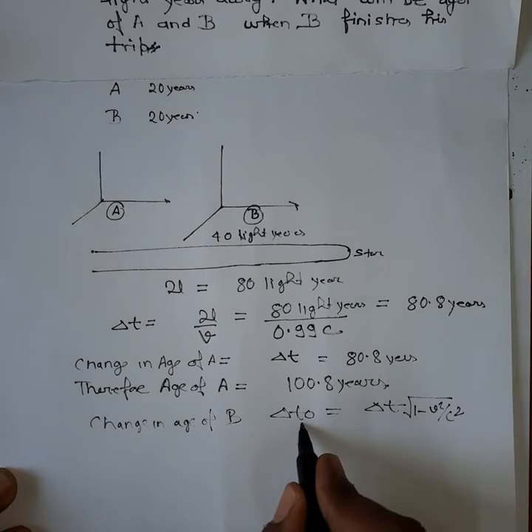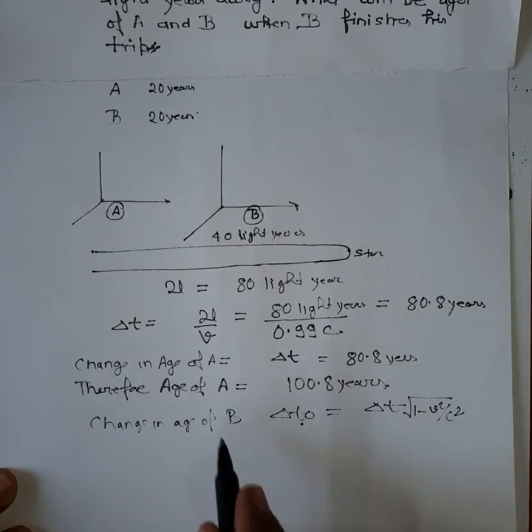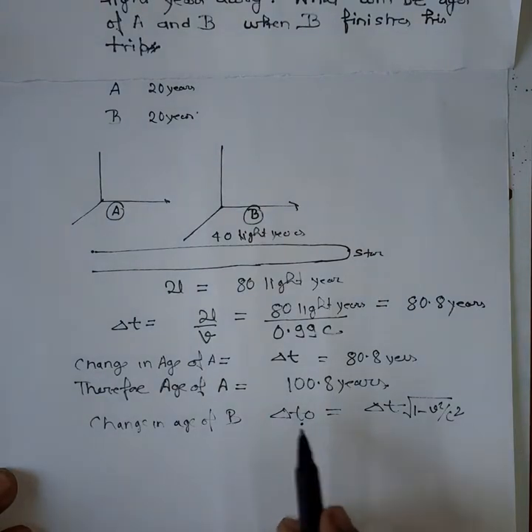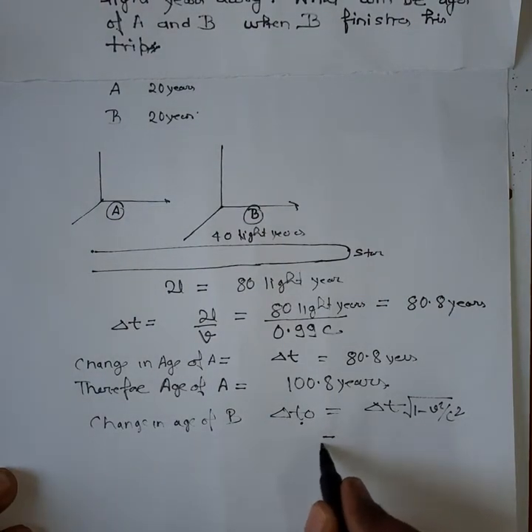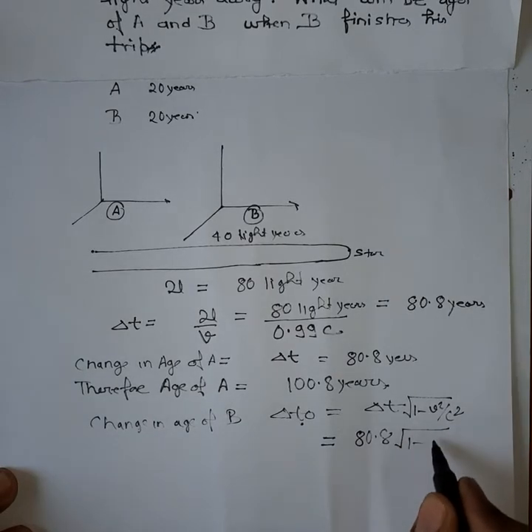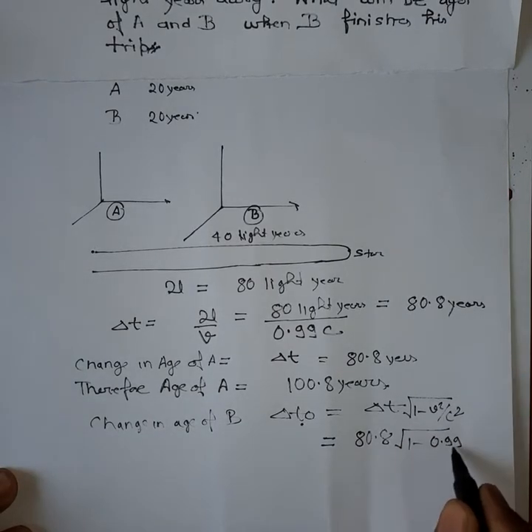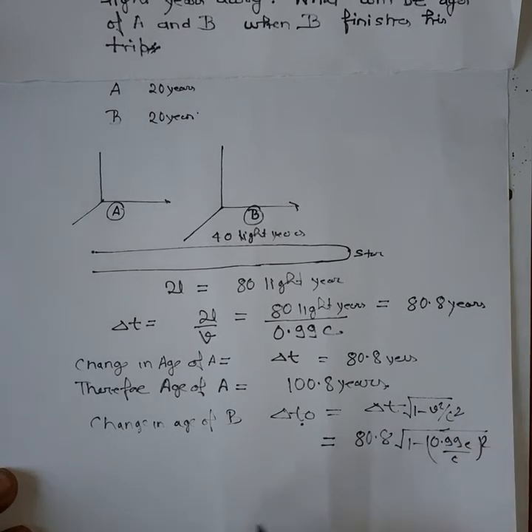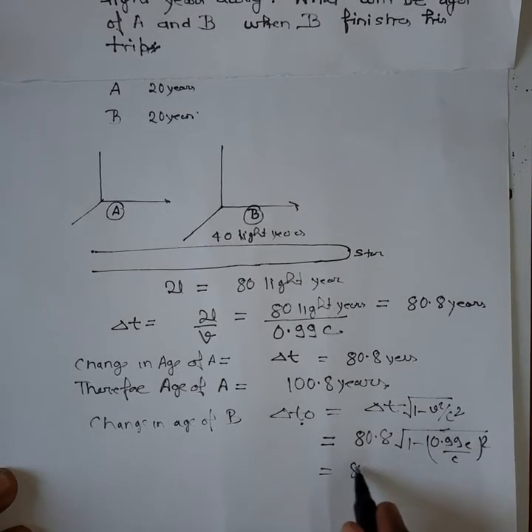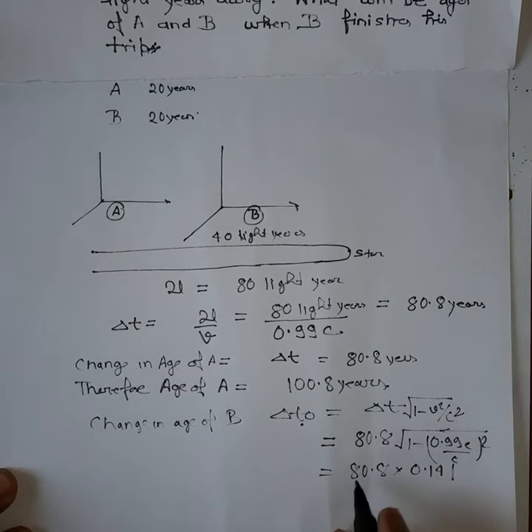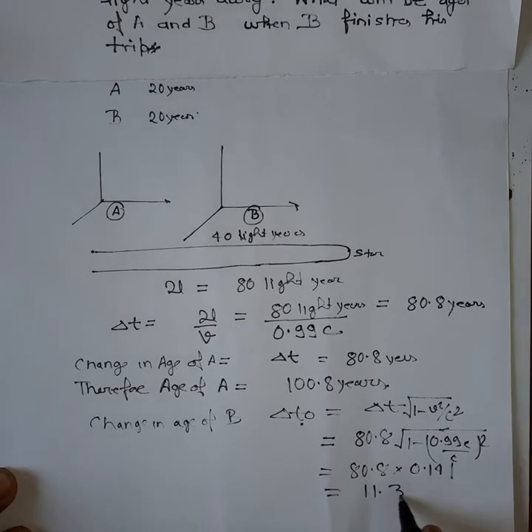Delta t naught is a proper time because B is moving and A is not moving. So delta t naught will be 80.8 multiplied by square root of 1 minus (0.99 c divided by c) whole square. If you solve it, you will get 80.8 into 0.141, and this is equal to 11.39.